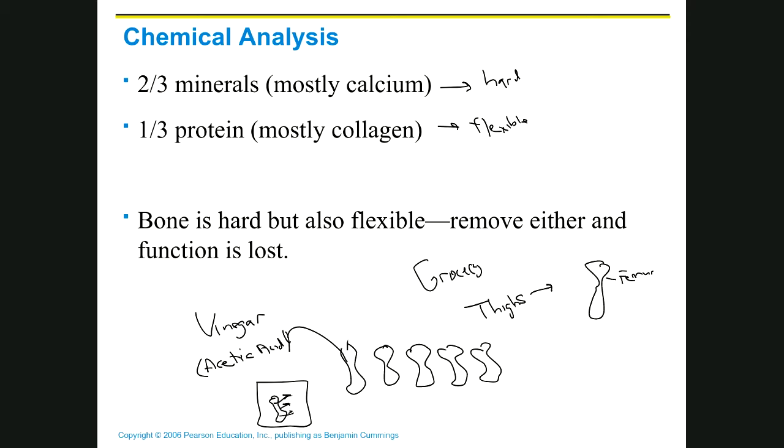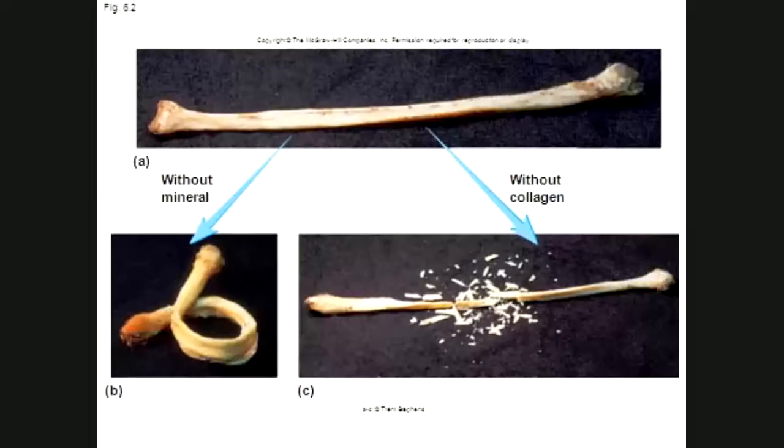And what you're going to be left with is just the protein part of it. And so when you take it out, it's going to look just like it did when you put it in, but it's going to be very, very rubbery. You can take and tie it up in a knot. You can do all kinds of things with it because it doesn't have any minerals. All it has is the proteins.